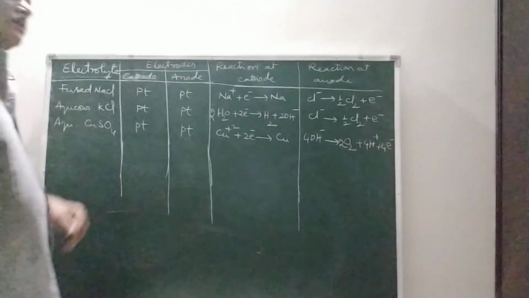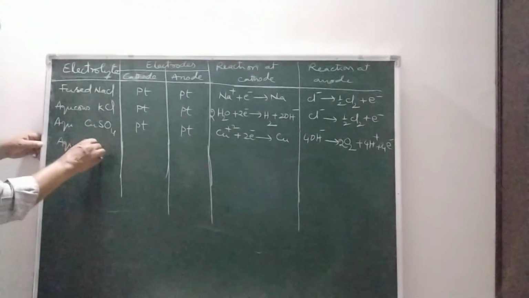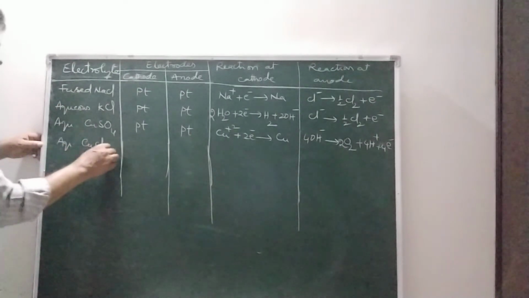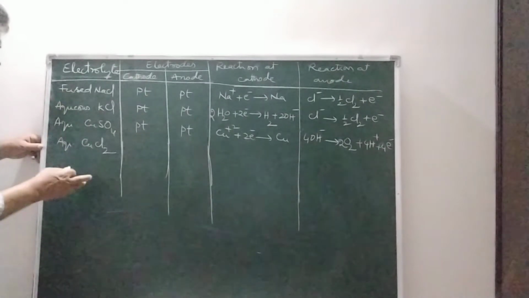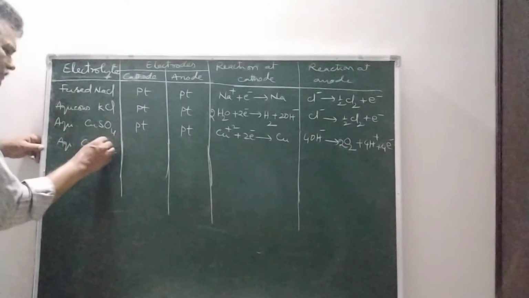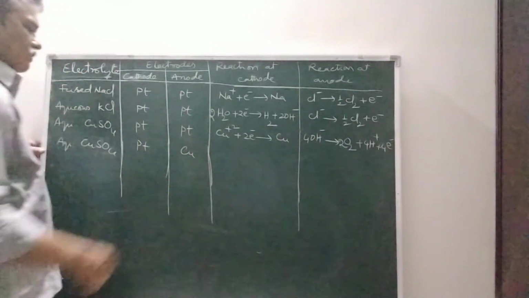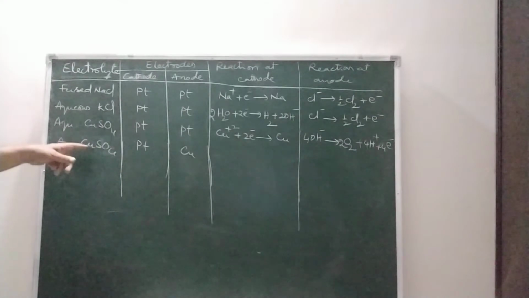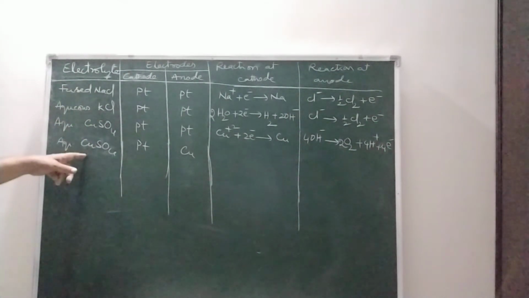In the same way, if we take aqueous copper sulfate with platinum electrodes at the cathode and a copper electrode as the anode, then at the cathode, Cu2+ ions and H+ ions are present.